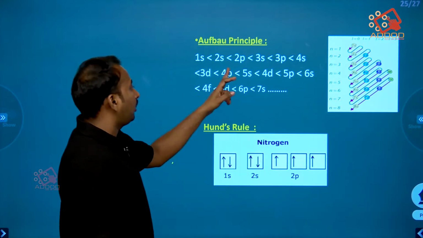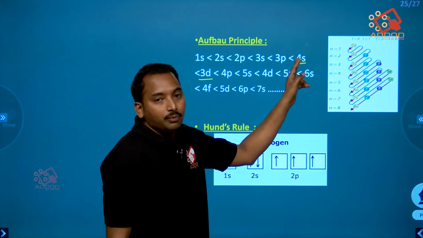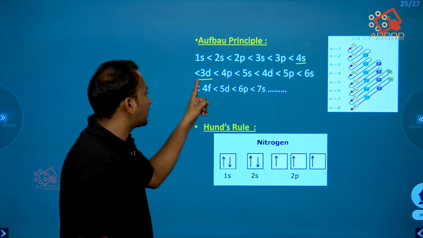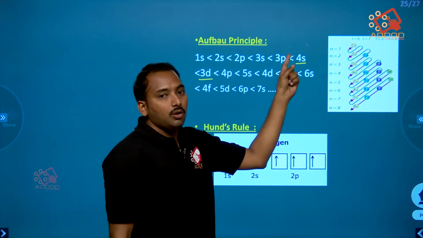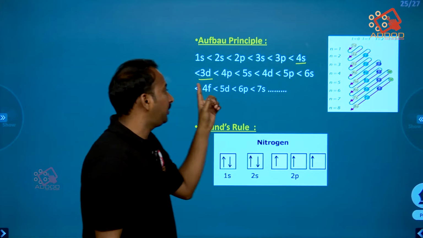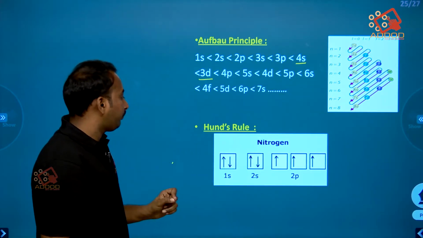This is the energy order. After 3p, the 4s orbital is filled first, next 3d. Why? Because there is an energy difference: 4s has lower energy than the 3d orbital. That's why 4s is filled first, then 3d.